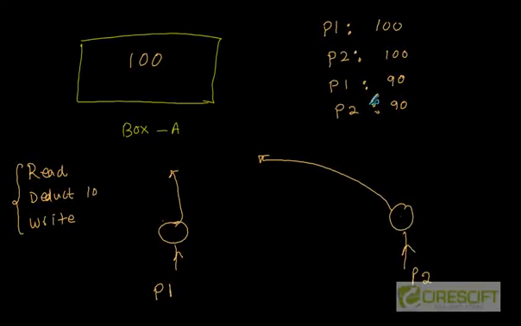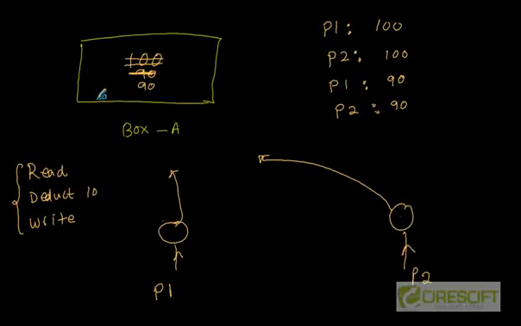Then let's say P1 writes back. It was 100, so P1 writes 90 now. Then P2 also goes and writes back, and overrides what P1 wrote, again to 90.